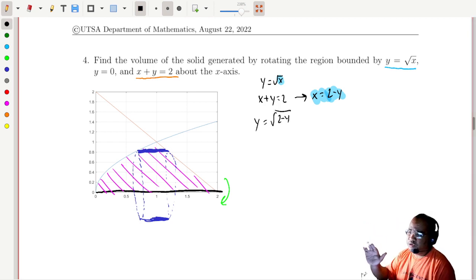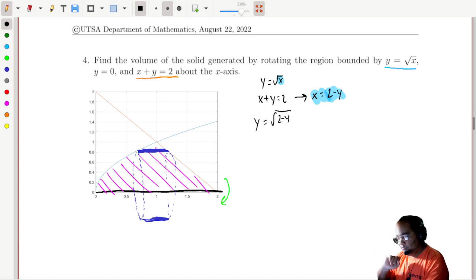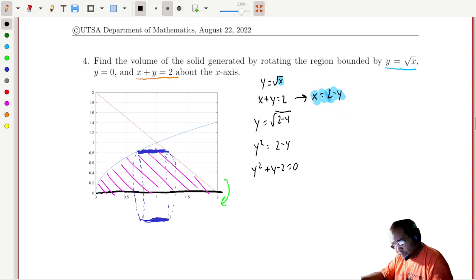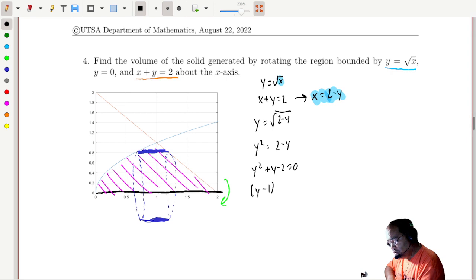I'm going to undo the square roots by squaring. So y squared is equal to 2 minus y. We shove everything over: y squared plus y minus 2 equals 0. We factor this: two numbers that multiply to negative 2 and add to a positive 1. Well, we have y minus 1 and y plus 2.